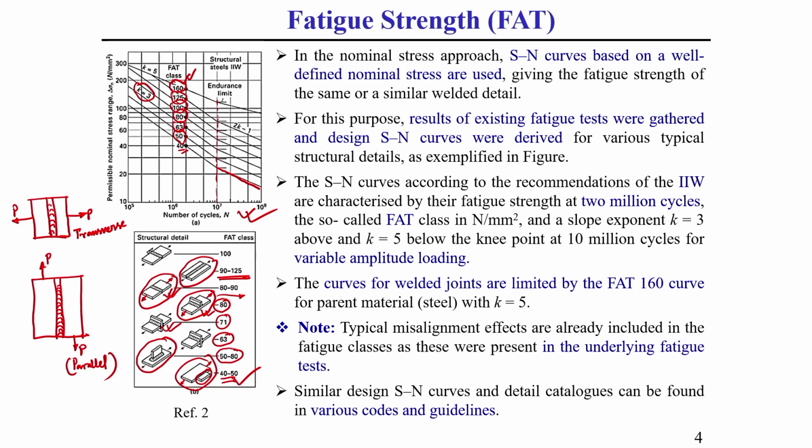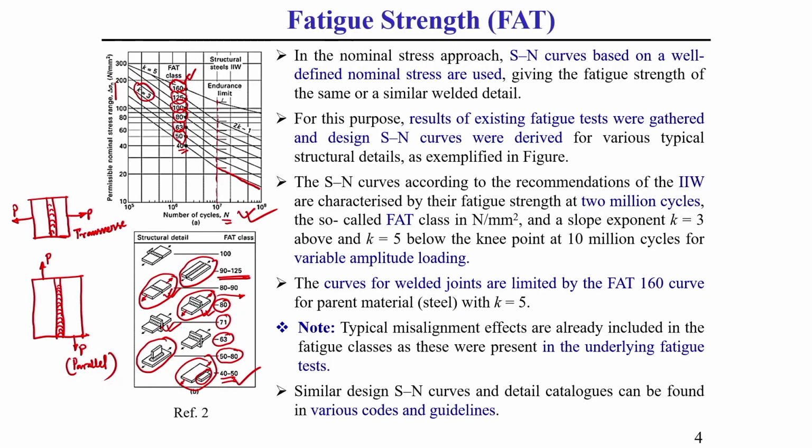So for different types of configuration, the FAT value is different. These are generally plotted as number of cycles versus stress range, with the y axis being the stress range. This data is gathered based on experimental observation. After that, for different types of geometry, the SN curve is plotted.